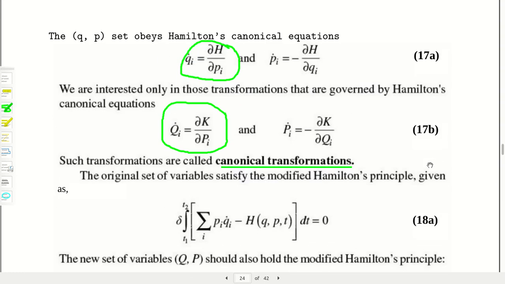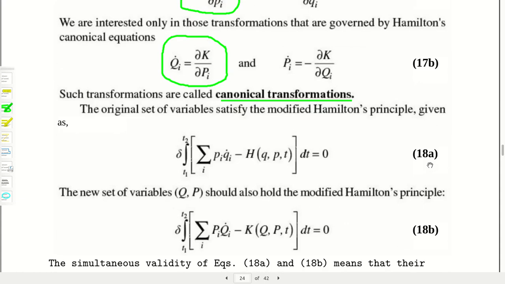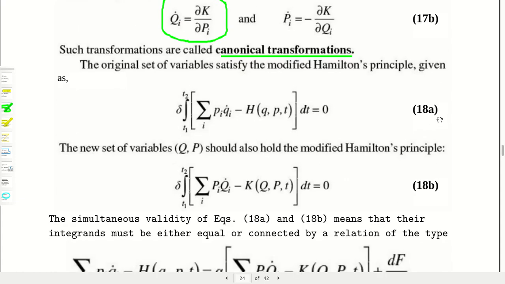Okay, let us find a condition when we will get the canonical transformation. So for this, consider the steps from equation 18a. This is Hamilton's principle. We know this, Hamilton's principle for virtual work.